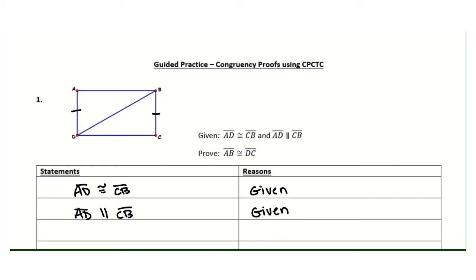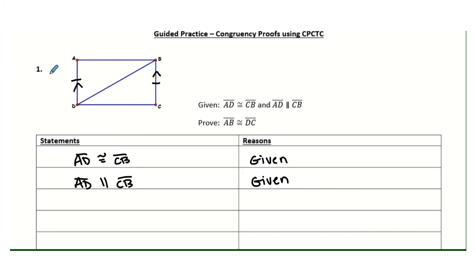And again, I'm going to mark that. I know that AD is parallel to CB. So these are parallel. Well, right now I know that this side is congruent to this side. What else can I say is true?